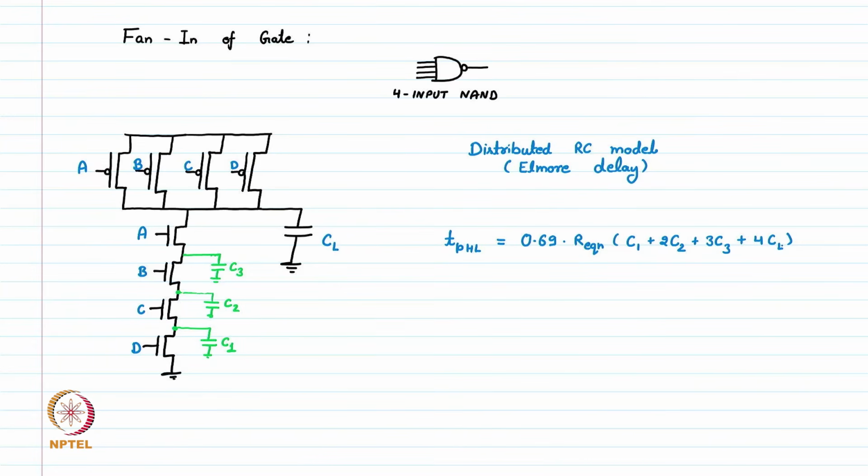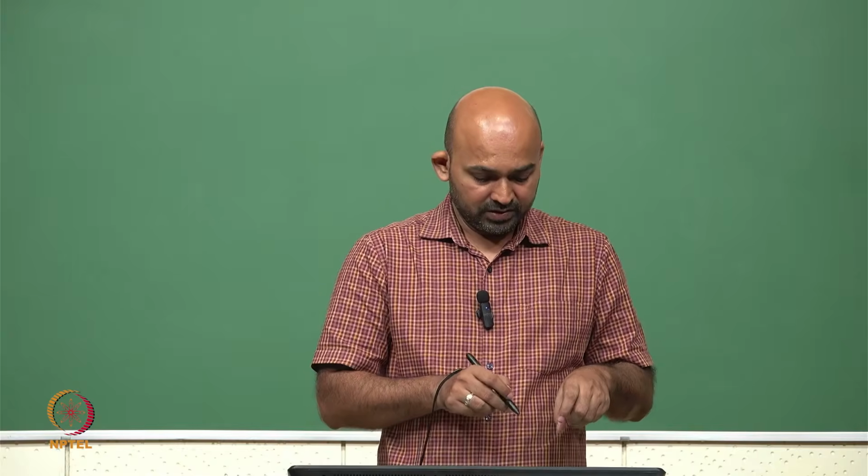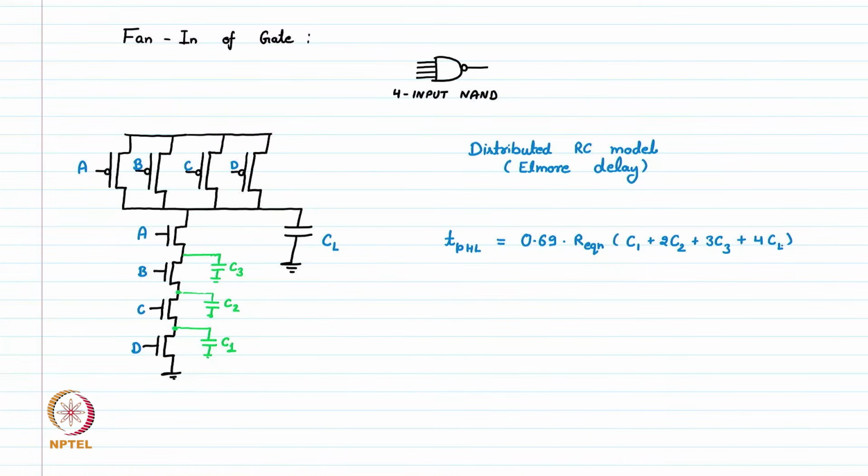So the delay of this network we can write through Elmore delay, which is 0.69 into R equivalent, the equivalent resistance of the pull down network, multiplied by the effective capacitance, because now we have three more capacitances along with the load capacitance CL: C1, C2 and C3. So we count from the ground.